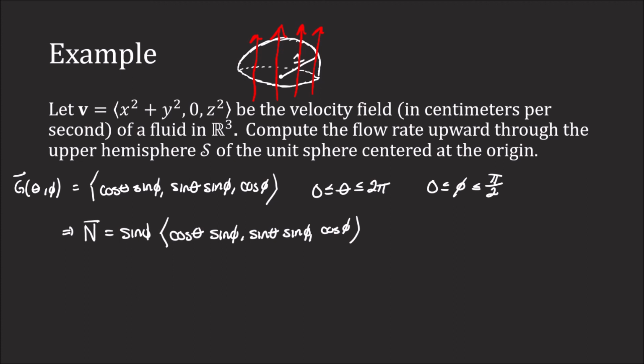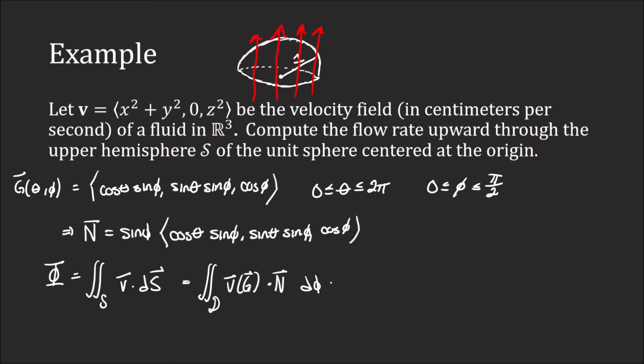Now, plug this in. The flow rate is the surface integral V dot dS. This will now be the double integral over the domain D, which is up here, of V evaluated at G dotted with n.